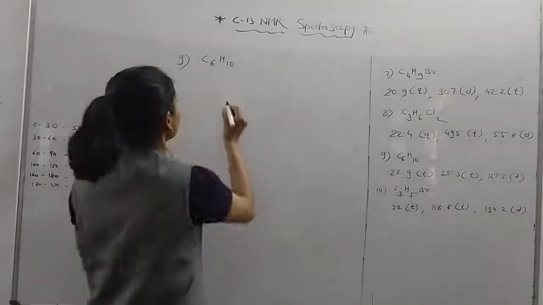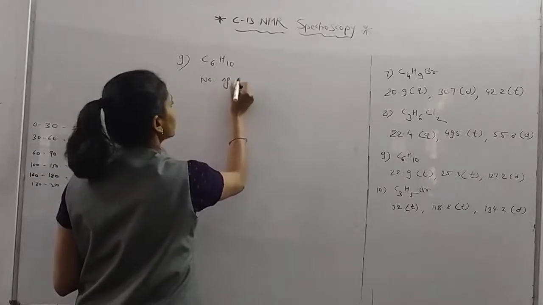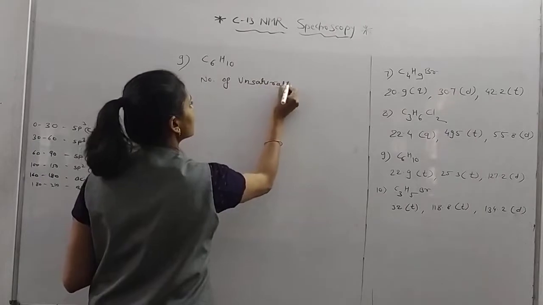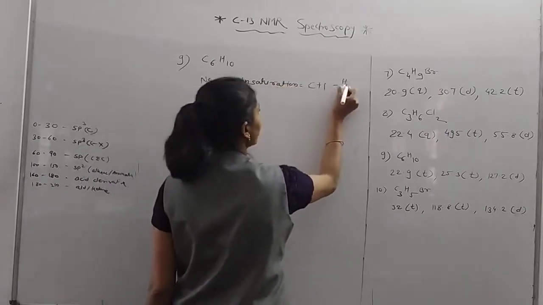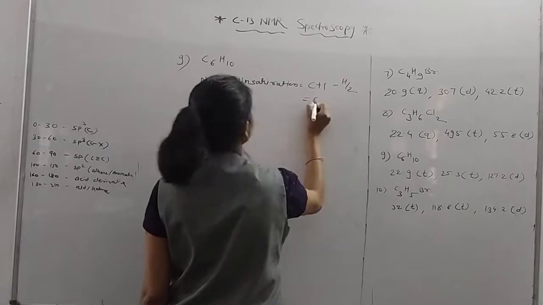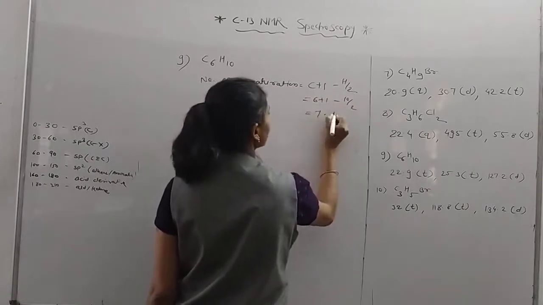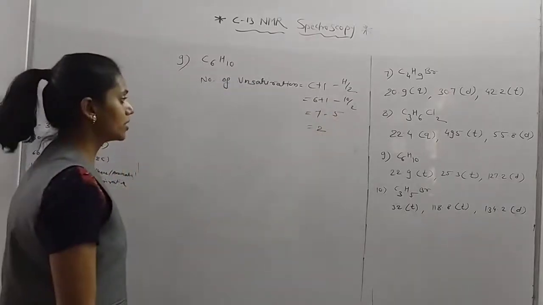So directly we write down here number of unsaturation: C plus 1 minus H by 2, 6 plus 1 minus 10 by 2, 7 minus 5 is 2. Number of unsaturation is 2.